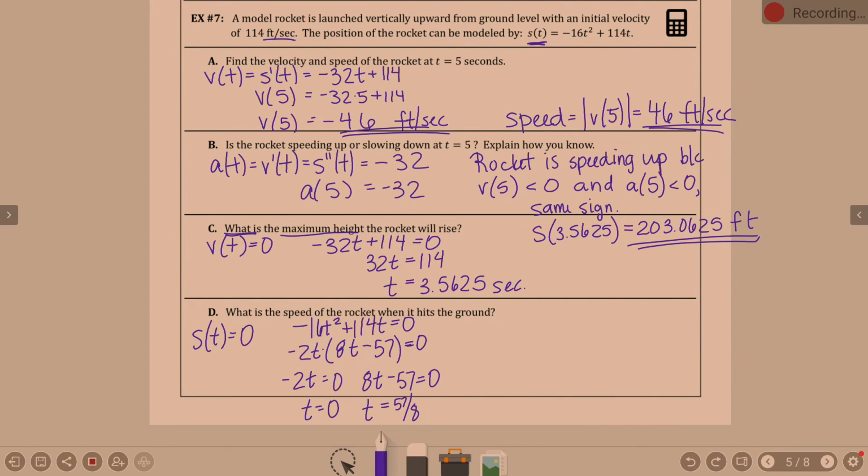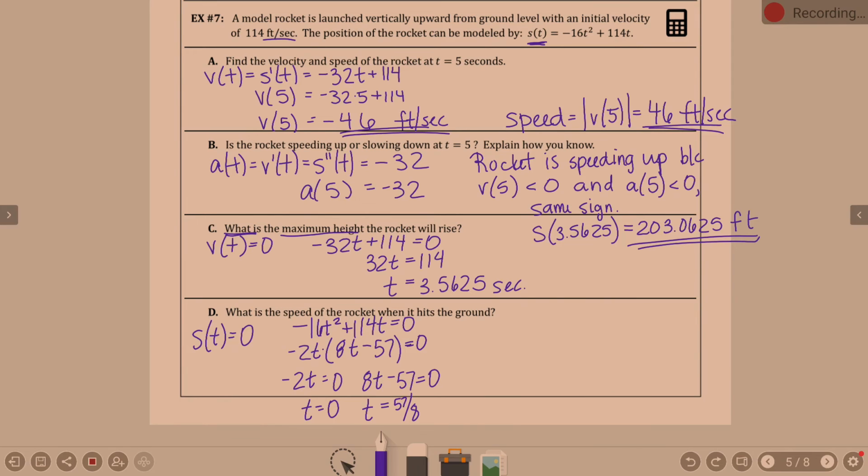Okay. Have I answered the question yet? No. This answers when does the rocket hit the ground. So when does the rocket hit the ground? At 0. And what's that 0 indicate? That it starts on the ground. And then it hits the ground also at 57/8.